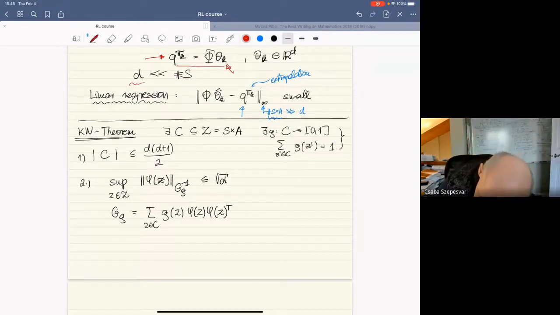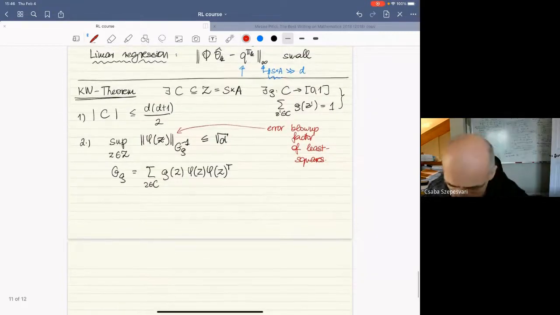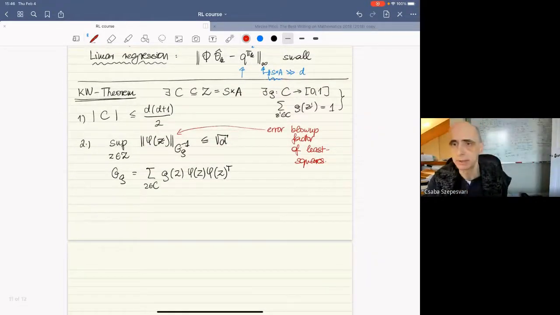And you should think of this as the error blow-up factor of least squares. So of course, Kiefer and Wolfowitz knew what they were doing, so they actually wanted to answer the question: if I use least squares and I want to control my extrapolation errors, is there a way to do that in the best possible way?